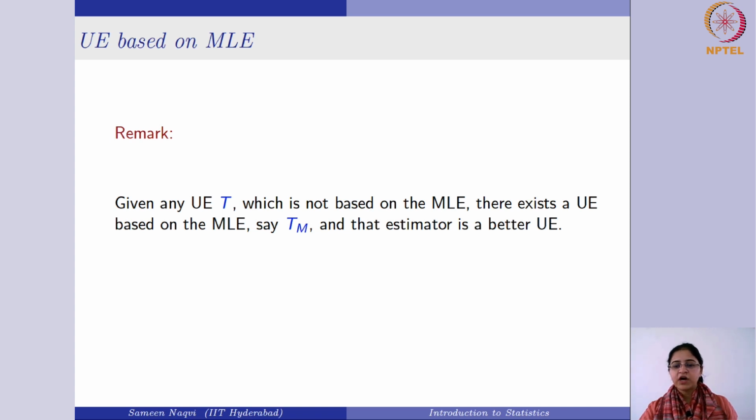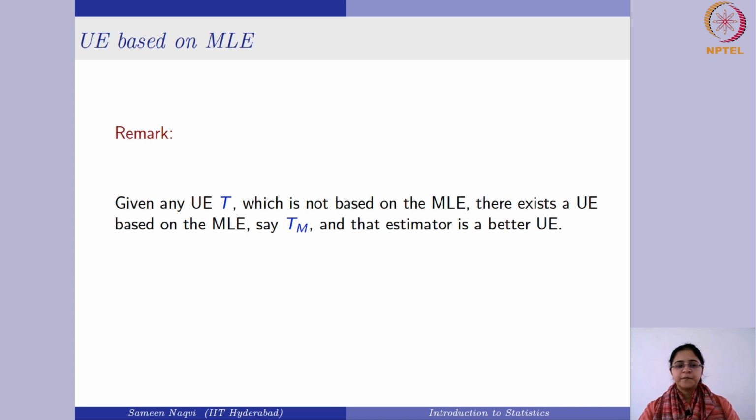So if you have to compare two unbiased estimators, the one based on the MLE would be the better one. There are results which further explain why this is so. That will be covered in your statistical inference course, and it is not a part of the course at present.